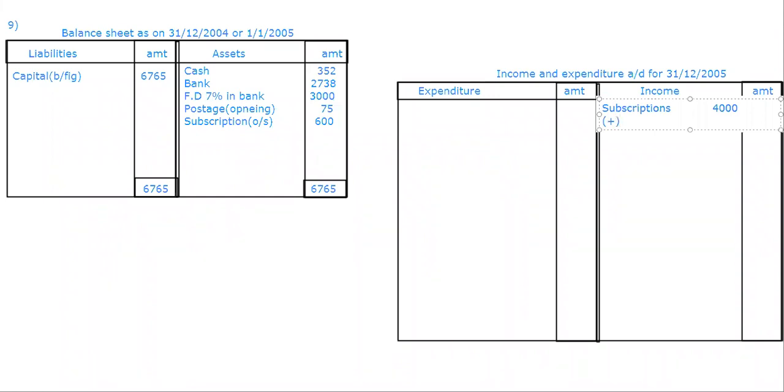How much is the current year outstanding given in the adjustments? 800. And then we are going to minus outstanding of last year, 2004. How much is it? 600. So therefore it will be 4,200.